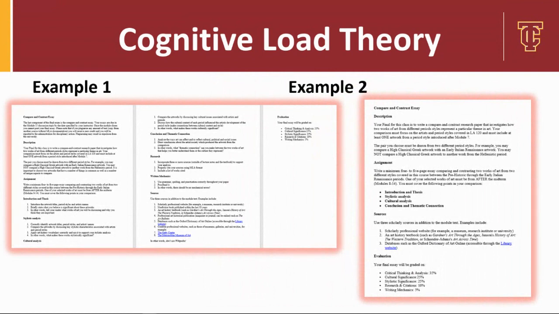If we look at the example on the right, we can see, okay, with this assignment, I know as educators, we want our students to know everything, and it becomes pretty tempting to want to teach them everything. But with this assignment example, I've reduced this extra information, and this is where scaffolding becomes super important. For the assignment, it was simplified significantly so that only the essential information was included.